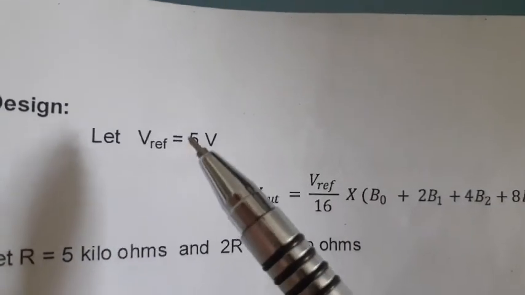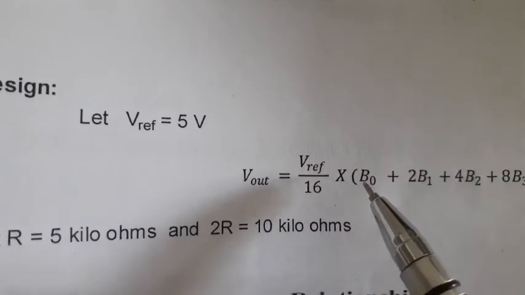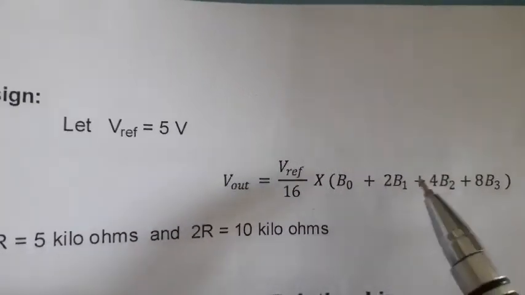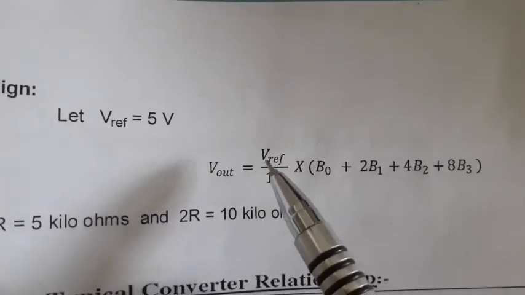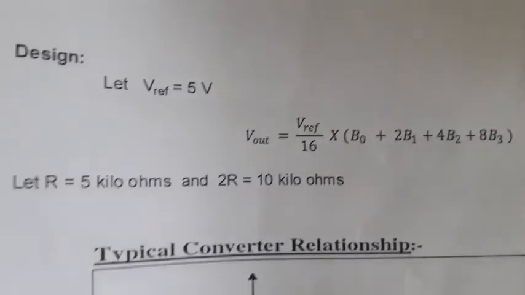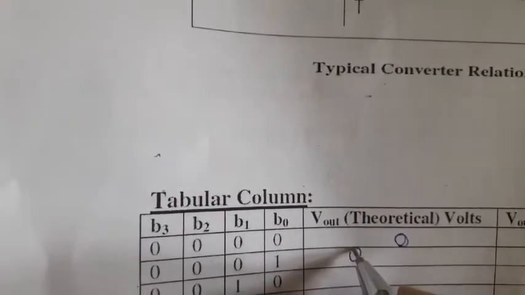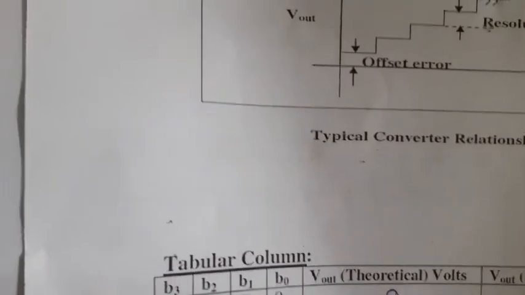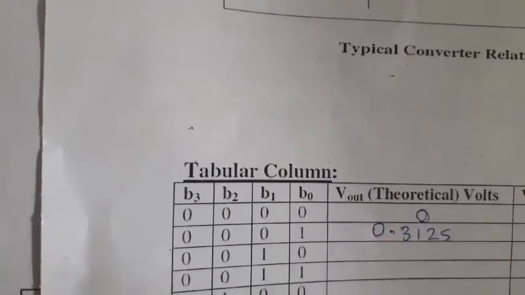This V reference we have considered 5 volt. 5 volt divided by 16 into B0, which is 1. Rest all have become 0 because these are zeros. So 1 into 5 by 16 will give you 0.3125 volts.